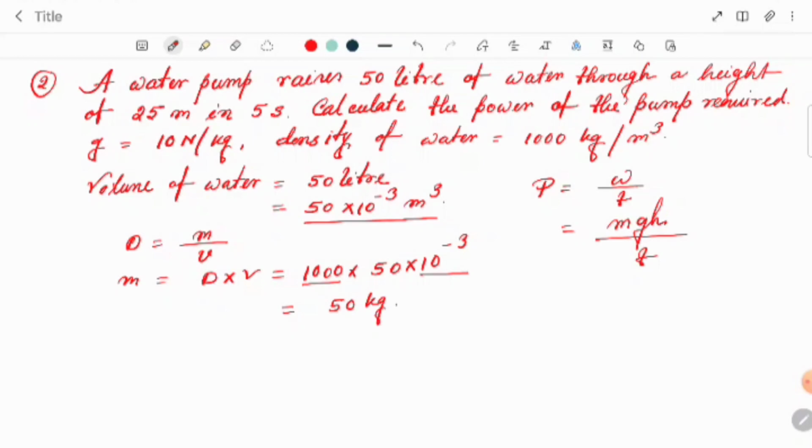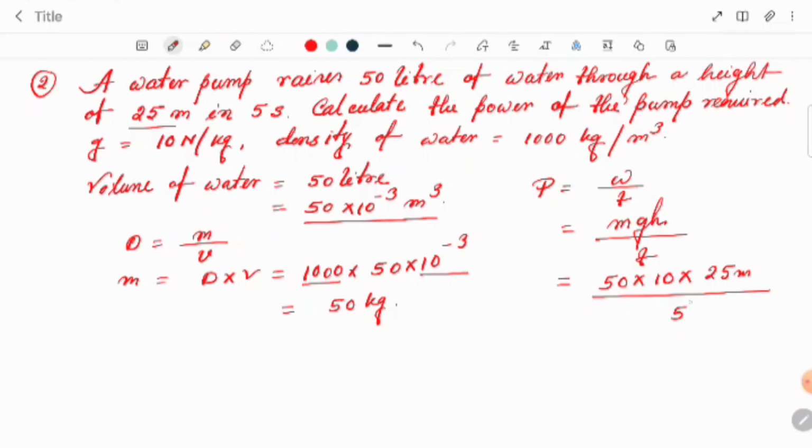So now we come to calculate the power. Mass we have got, that is 50 kg, and g we have 10, and height is also given, 25 meter, divided by T. T is 5. So what are we getting? 50 into 10 is 500, into 25 divided by 5 is 5.